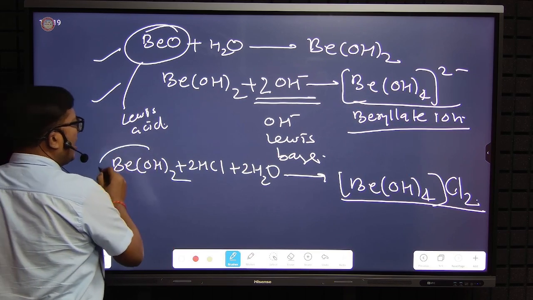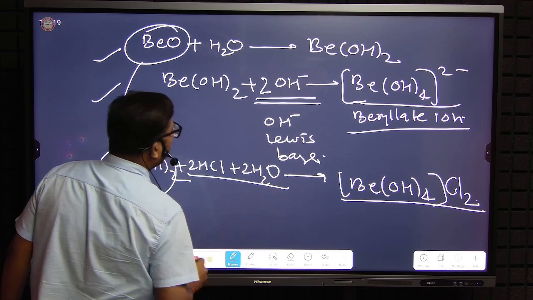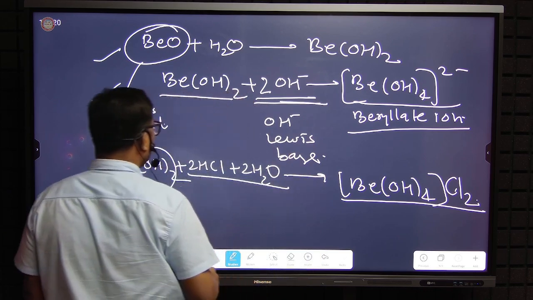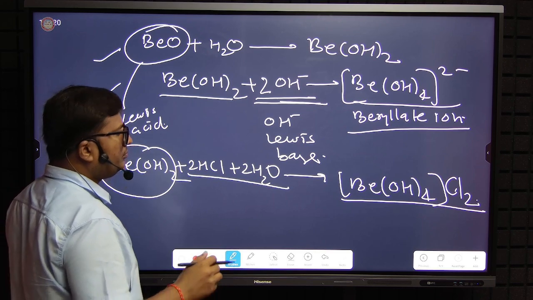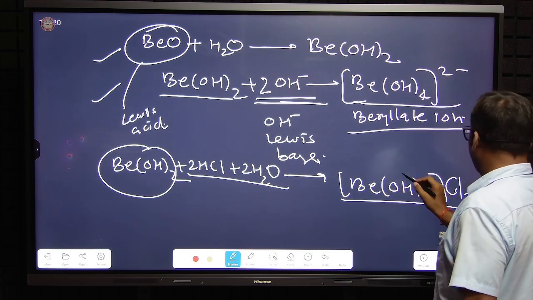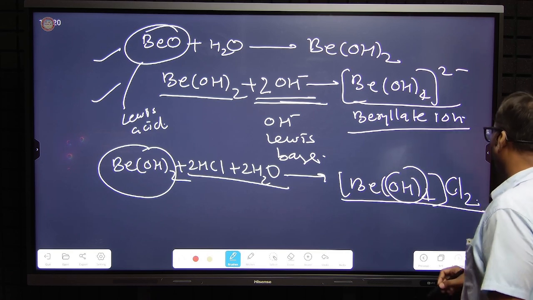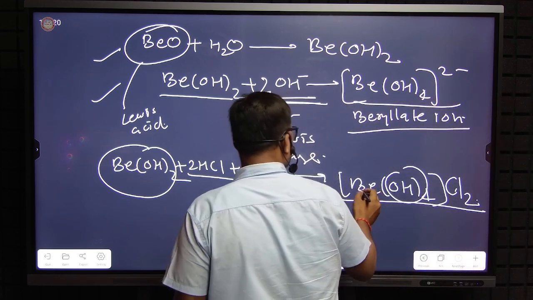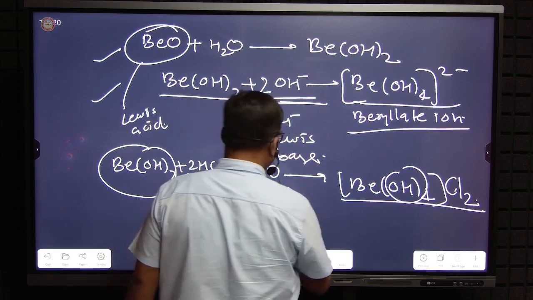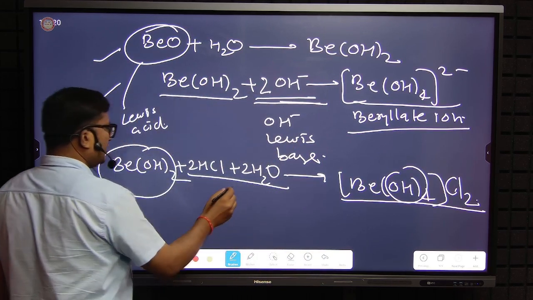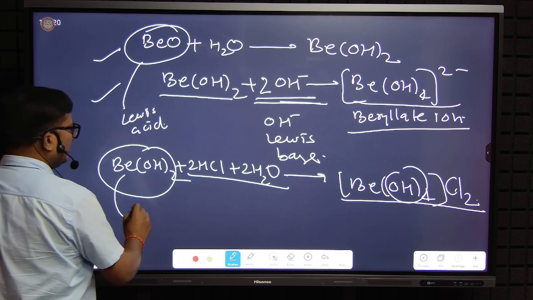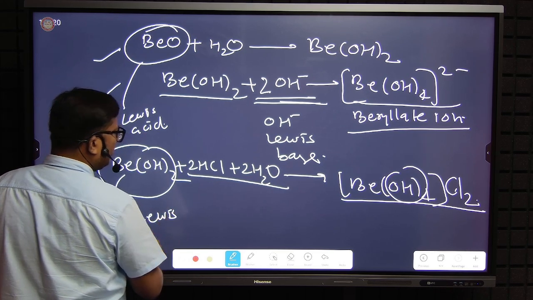The same beryllium hydroxide reacts with acidic medium, and beryllium hydroxide also reacts with basic medium. The 4 hydroxides form a bond around this beryllium, and in this case they are Lewis bases.